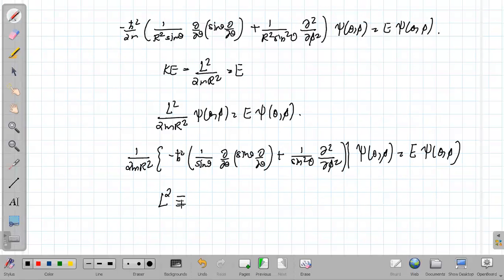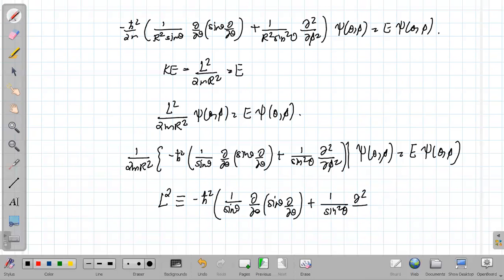So L squared, the square of the angular momentum, in differential form I can write as minus h cross squared, 1 upon sin theta dou by dou theta of sin theta dou by dou theta, plus 1 upon sin squared theta dou squared by dou phi squared. So this is your L squared.